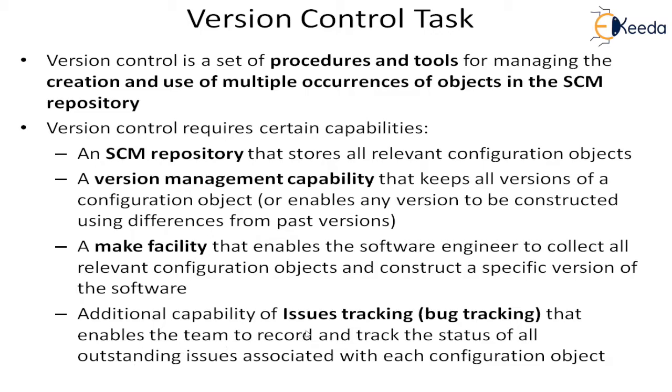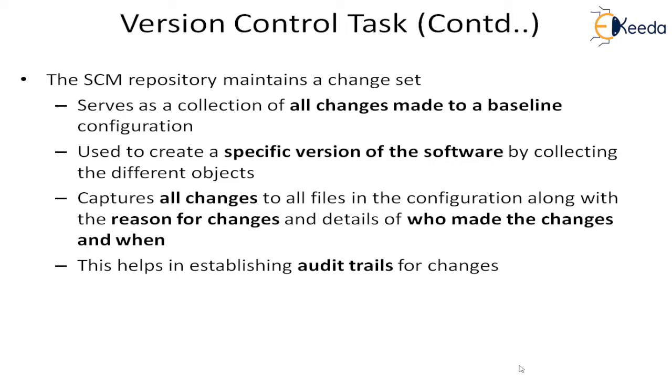There is an additional capability of issue tracking or bug tracking that enables the team to record and track the status of all outstanding issues associated with each configuration object. Also, the SCM repository maintains a change set. It serves as a collection of all changes made to a baseline configuration. So whenever there is a baseline, whatever the subsequent or previous changes are, it will keep them.